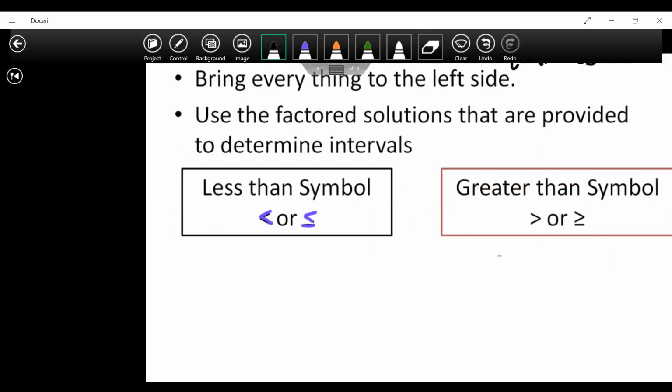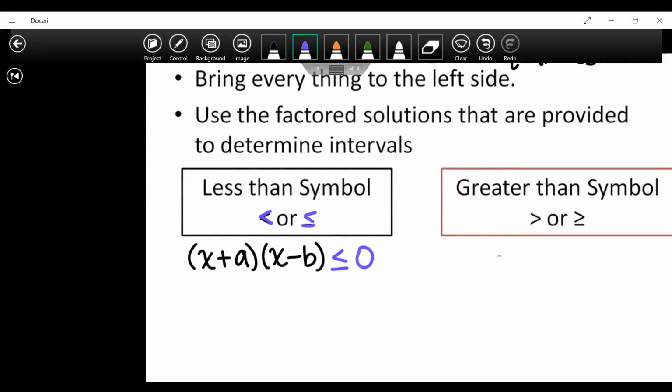Let's say I give you an example where we get a solution x plus a and a factor of x minus b is strictly less than or equal to 0.